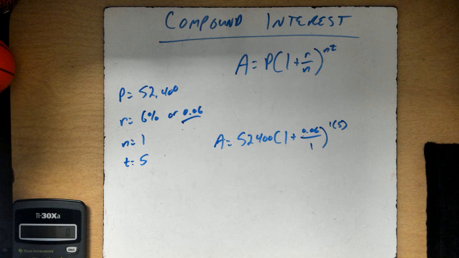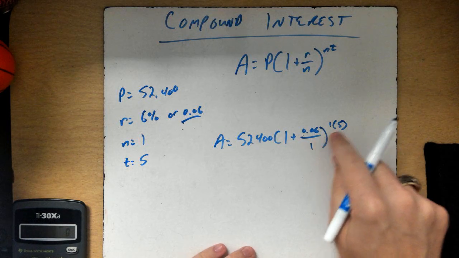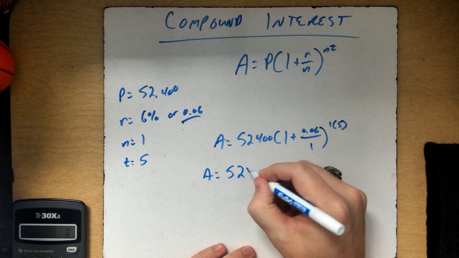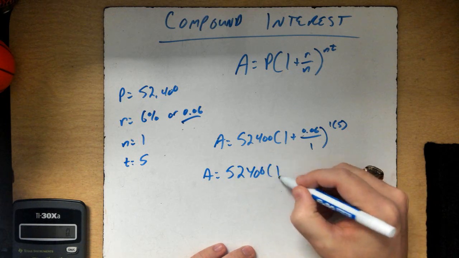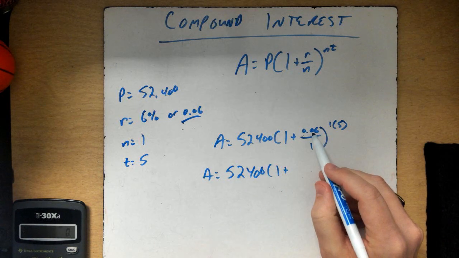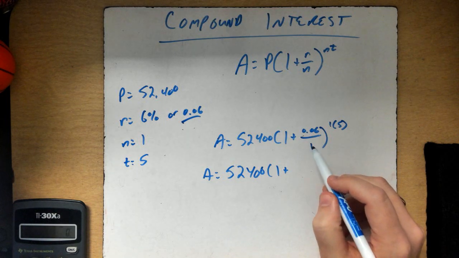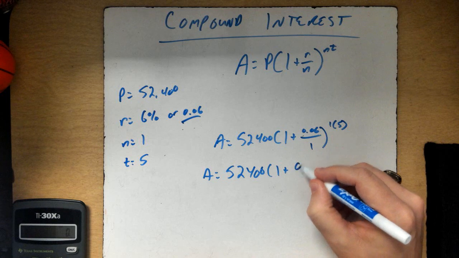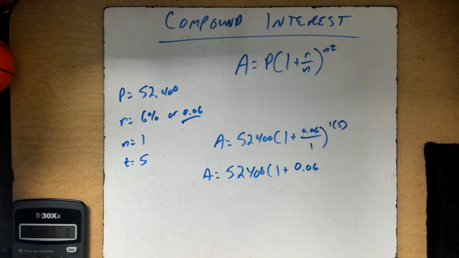Now we're going to go ahead and solve. So we're going to start with these two things here, okay? So we're going to bring down our A equals, we're going to bring down 52,400, okay? Our 1 and our plus. Now we're going to do 0.06 divided by 1. We know that 0.06 divided by 1, anything divided by 1 is itself, so it's 0.06.